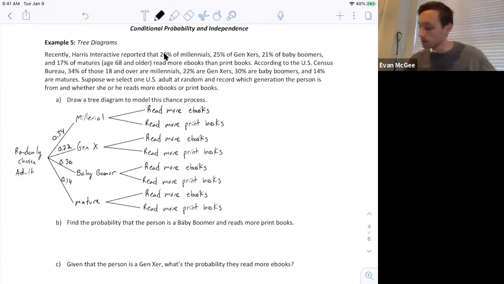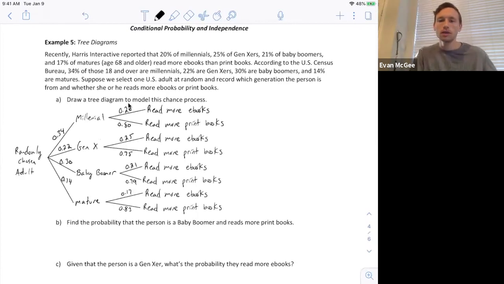So I'm going to put this 0.2 or 20% that they read more ebooks, given that they're millennial. That means there's an 80% chance that they read more print books, given that they're millennial. Each of these tree branches should add up to 1. So I'll continue with Gen X, baby boomer, and matures.